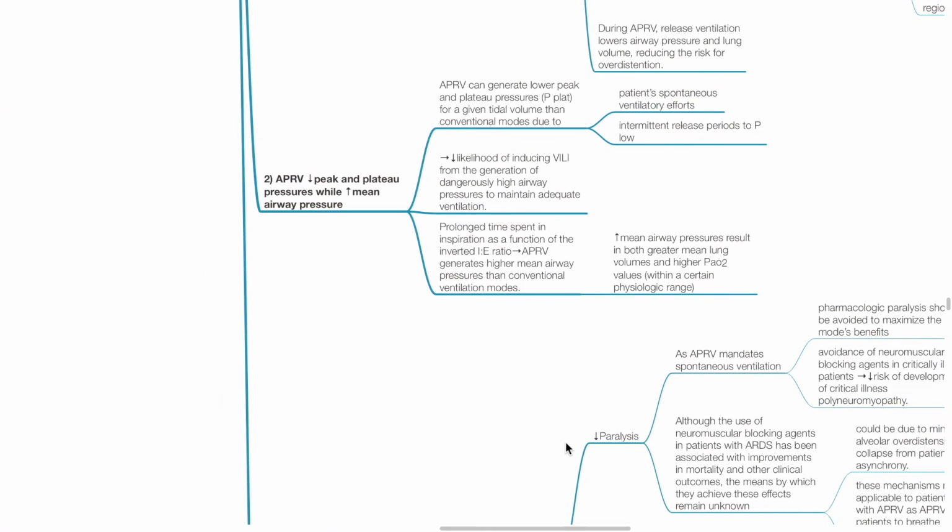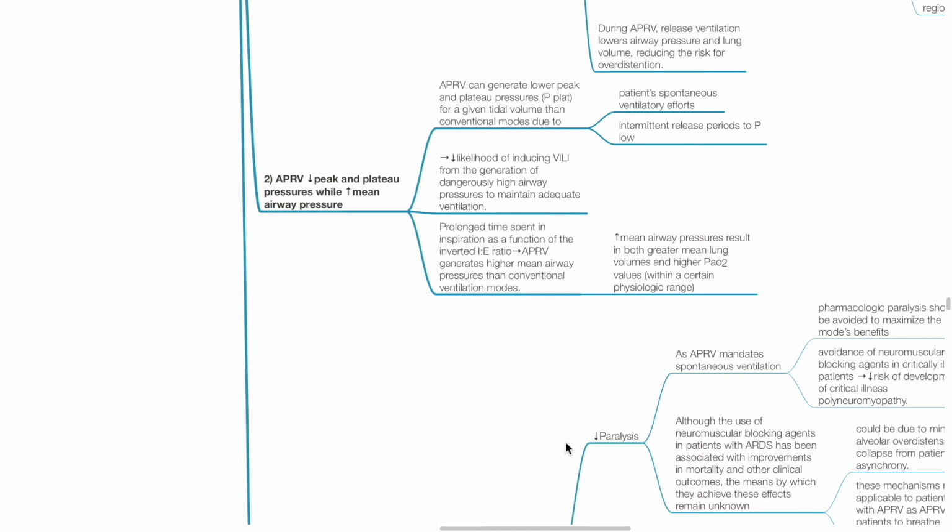During APRV, release ventilation lowers airway pressure and lung volume, reducing the risk of overdistension. APRV reduces peak and plateau pressures while increasing mean airway pressure. APRV can generate lower peak and plateau pressures for a given tidal volume than conventional modes due to the patient's spontaneous ventilatory efforts and intermittent release periods.